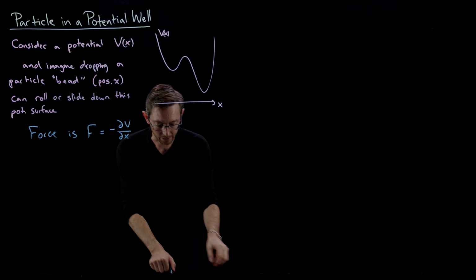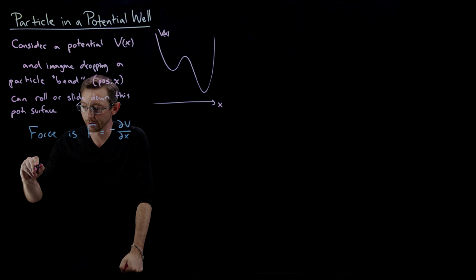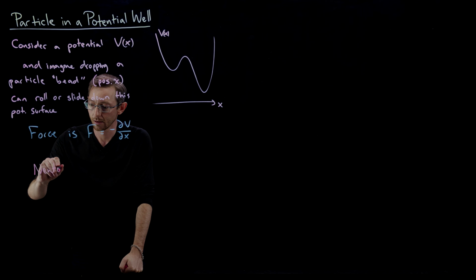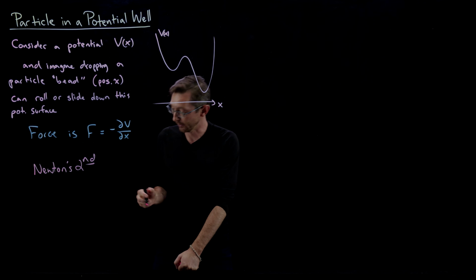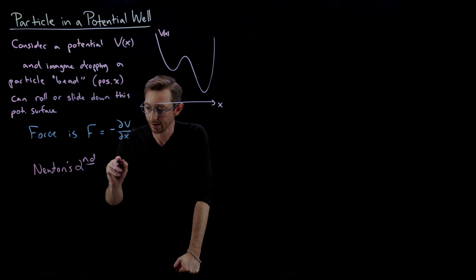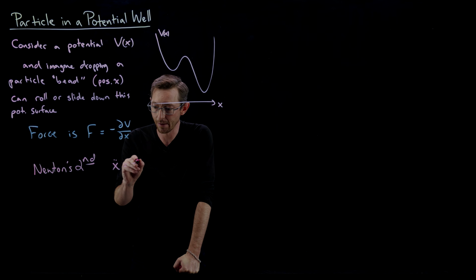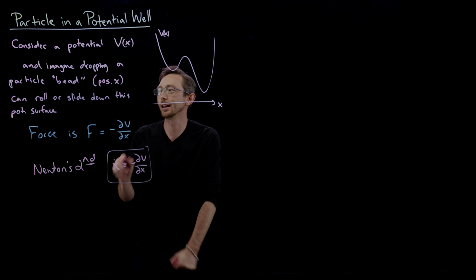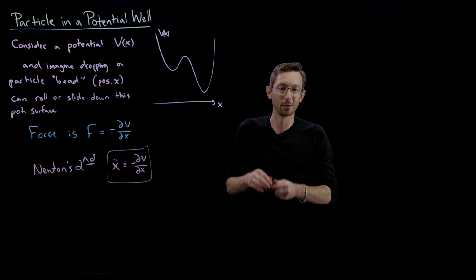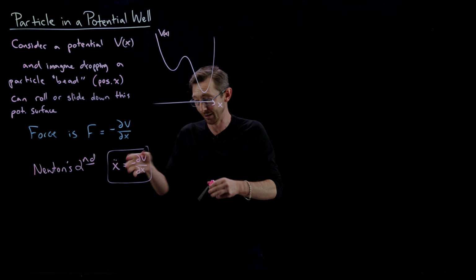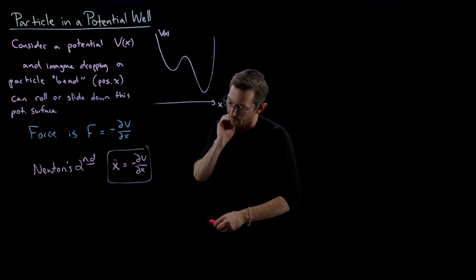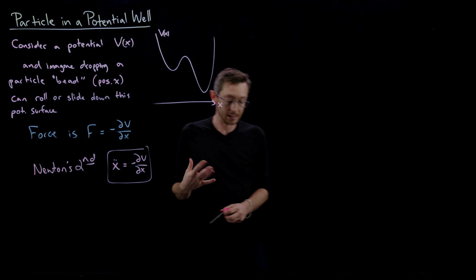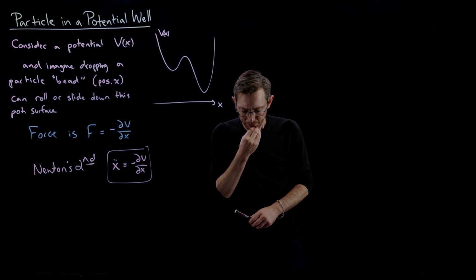And so Newton's second law, we're very familiar with this now, says that x double dot equals minus partial V partial x. I'm assuming that this bead has mass 1. I don't want to deal with a mass 2 or 5 or m. This is for a mass 1 bead. These are the equations of motion. Okay, so this is really, really easy to deal with.